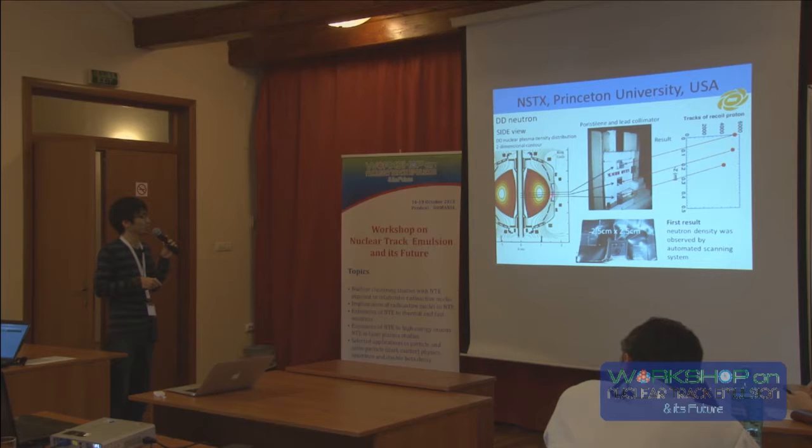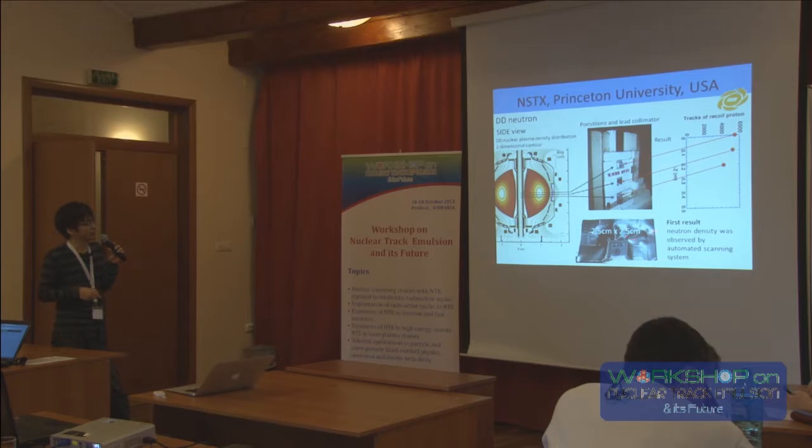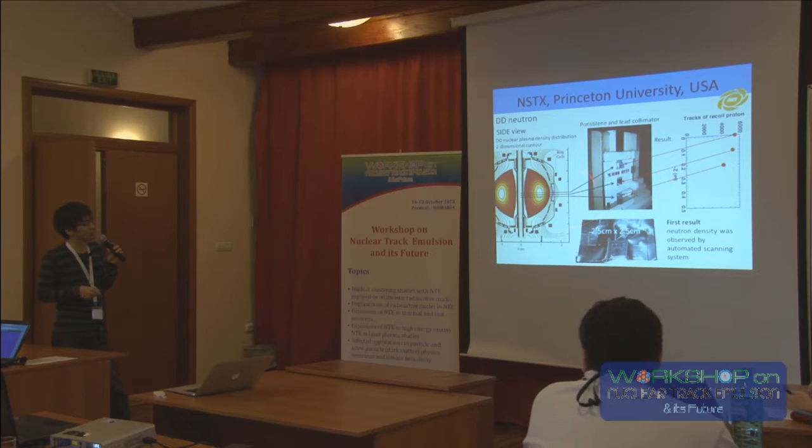So this position is this direction, and this position is this direction, and this is this. So we have achieved a result consistent with the expected plasma density. This result is the first result of plasma neutron density using nuclear emulsion.